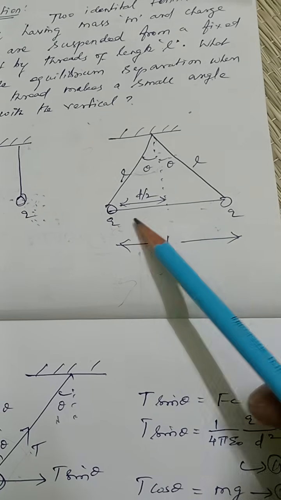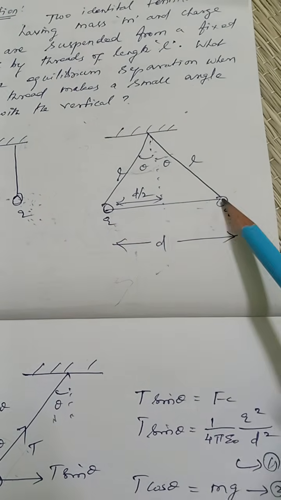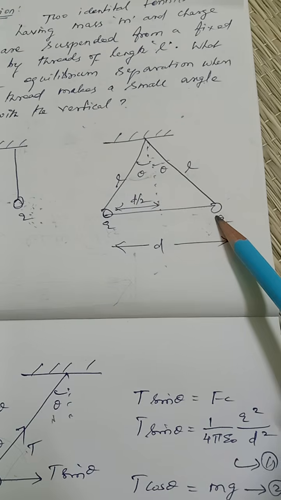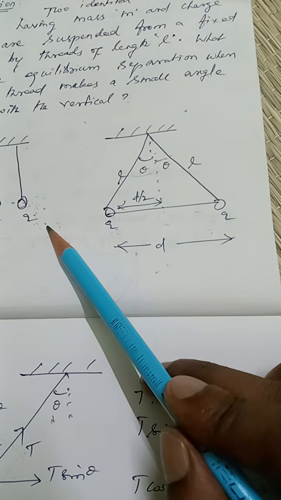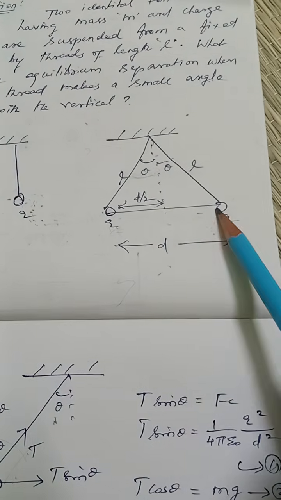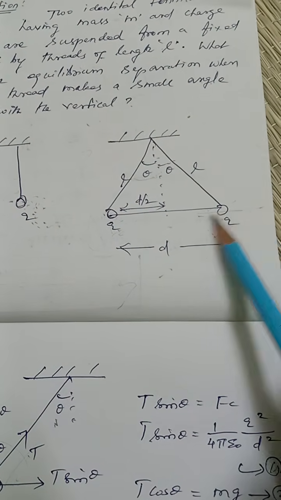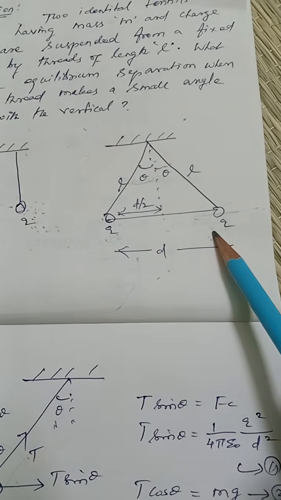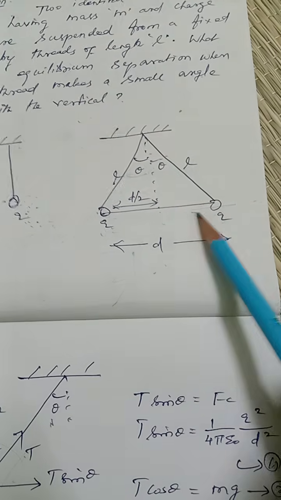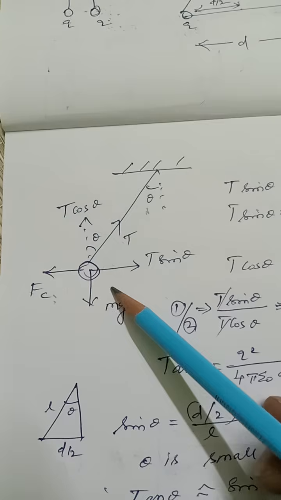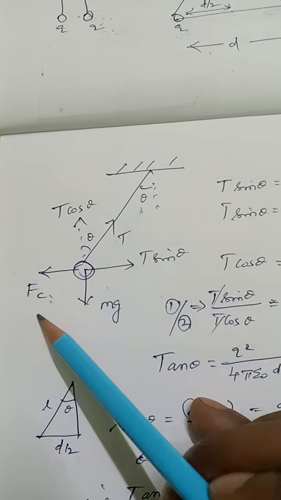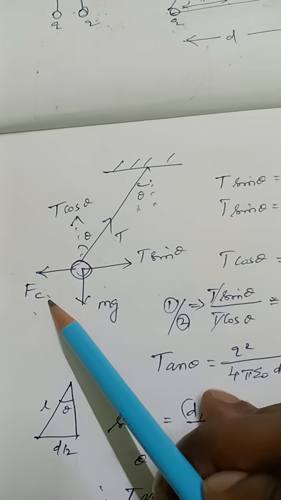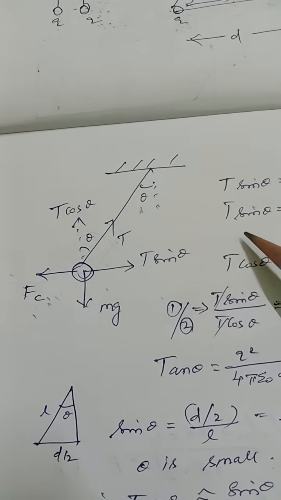This charge will push this tennis ball in this direction. Similarly this tennis ball will push the other tennis ball in the opposite direction. Just we have shown only one ball here. So this ball will experience a Coulomb force in this direction, that is called Fc. C stands for Coulomb.